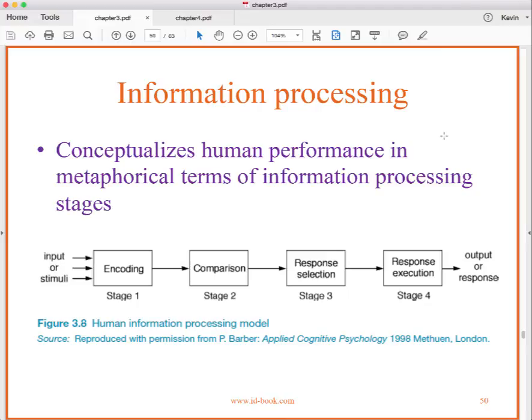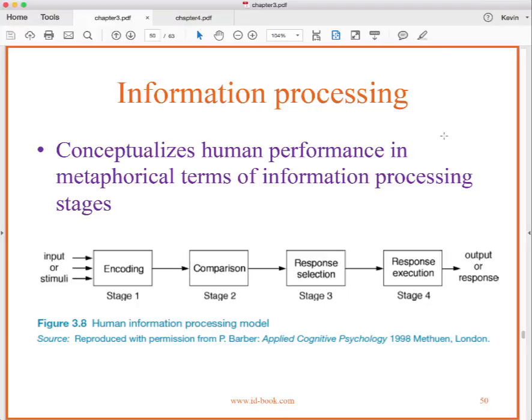Is this the way things go on in our brain chemically? Who knows? To a certain extent, who cares? This kind of a model is a way for us to think about what goes on in information processing in our brains that is helpful to interaction designers.